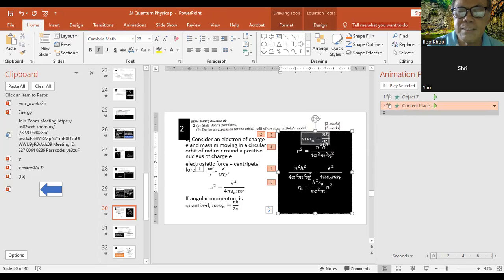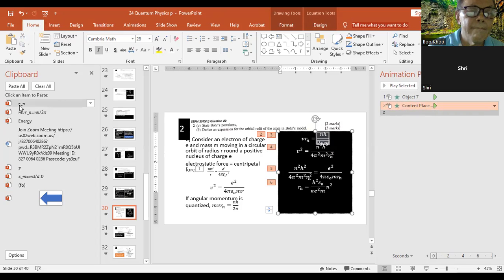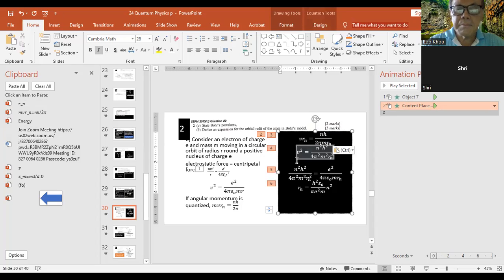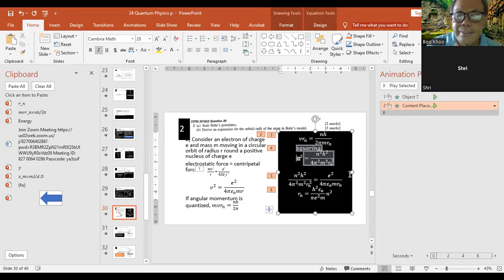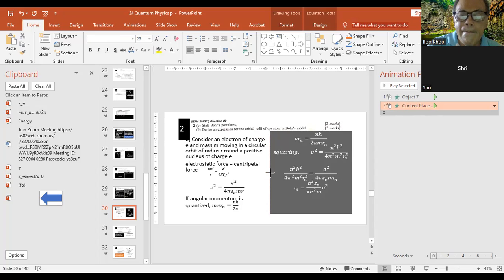So I basically take my m down here, and take my rn down. And this part I just square. That's all. Okay, if it's clear, let's carry on.